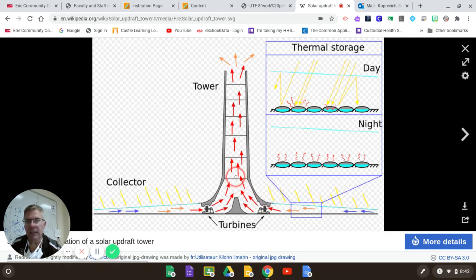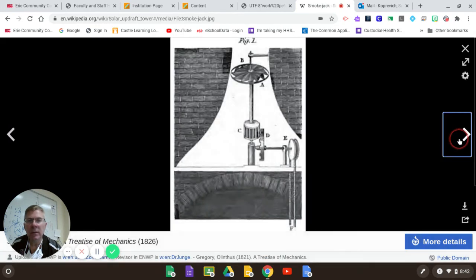And then at night, the opposite happens. It starts to cool down, and then it turns the other way, okay? And then this is a picture of a solar updraft tower over a fireplace.